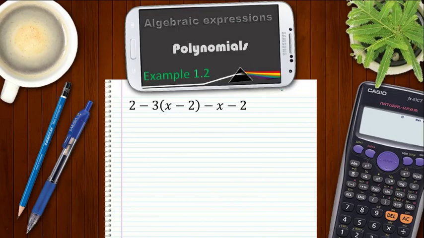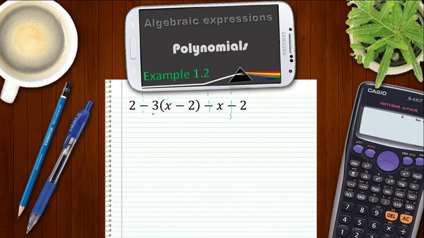Example 1.2. All right, now we need to simplify this expression. So what are we going to do? First, we're going to multiply out our brackets. Always think about your terms separately. So remember, that's the dividers of the term.